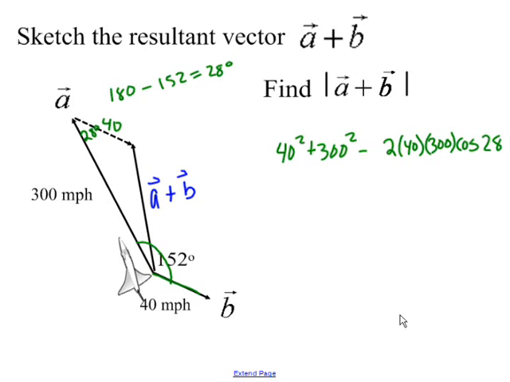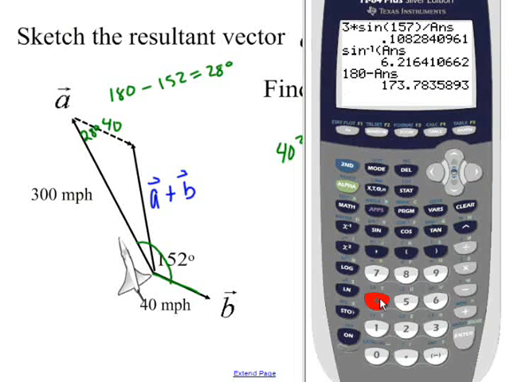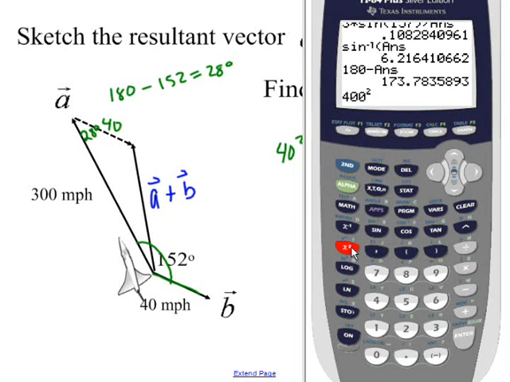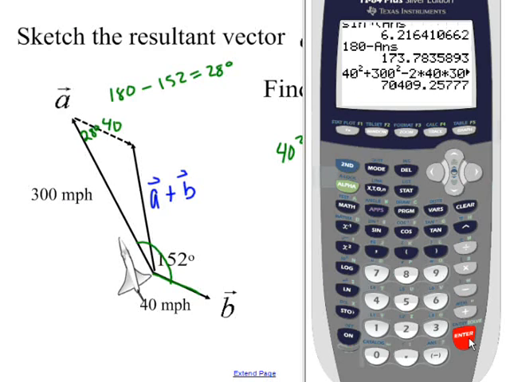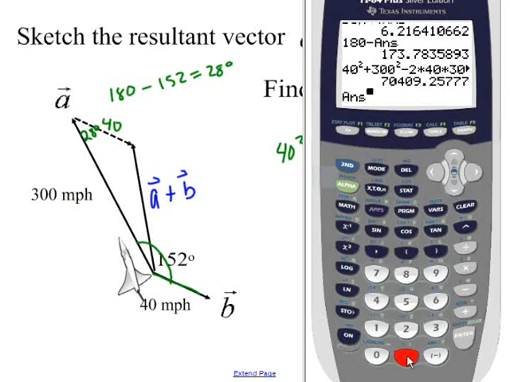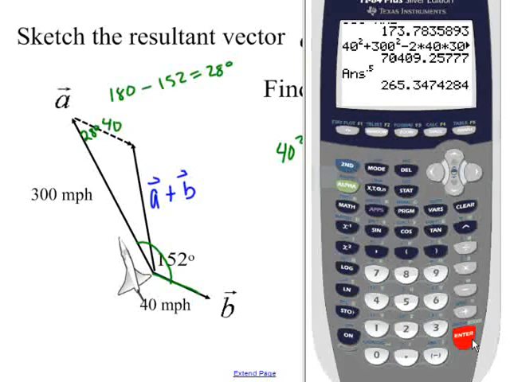Run to our calculator and type that magical equation in. 40 squared plus 300 squared minus 2 times 40 times 300 cosine of 28 degrees. Hit enter, take the square root, and you have found the magnitude to be 265.34.